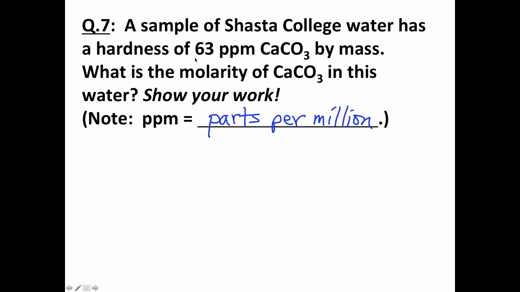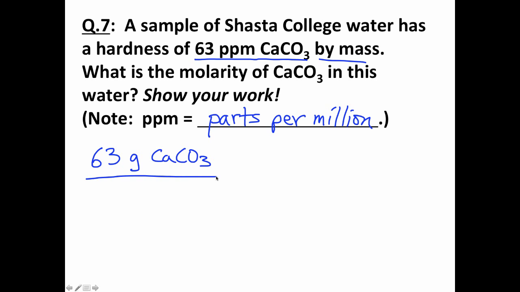So if we have a hardness of 63 ppm calcium carbonate, then what we have is 63, and this is by mass, 63 grams of calcium carbonate, so 63 parts, out of 1 million parts, and we're doing it by mass, so grams, of the Shasta College water. So that's what it is. 63 grams of calcium carbonate, our solute, in 1 million grams of water, our solution.